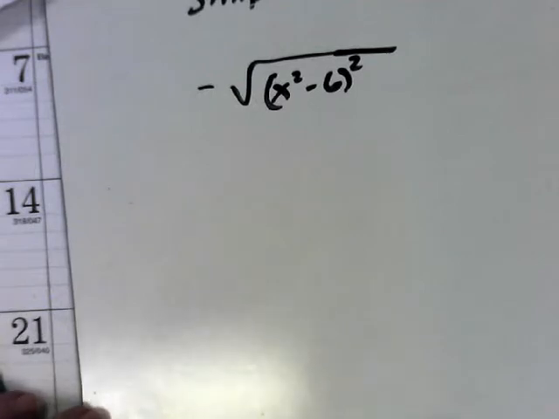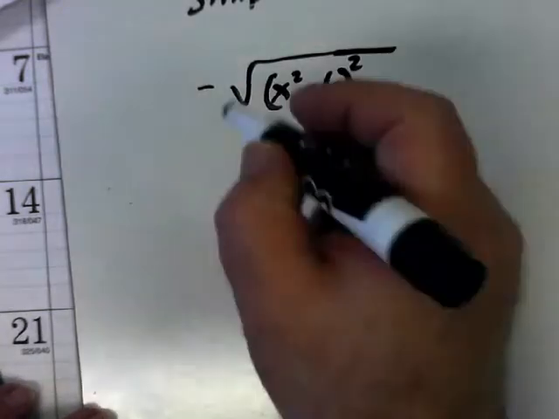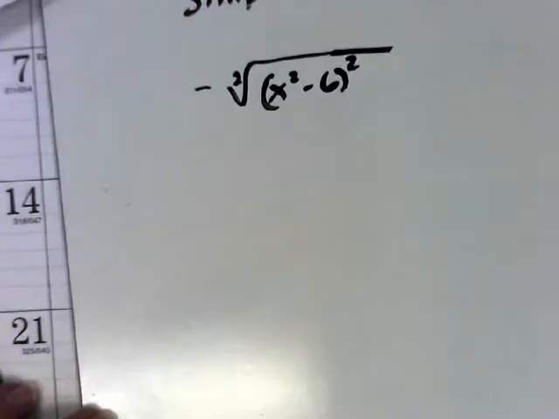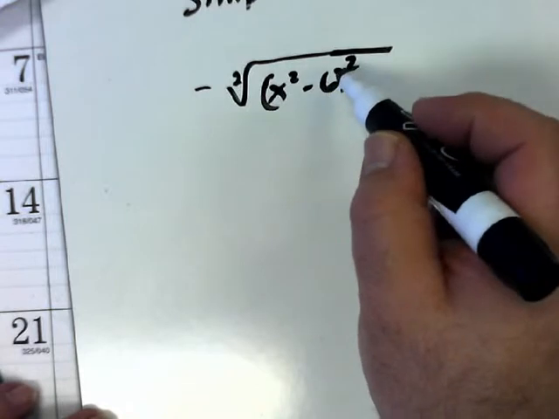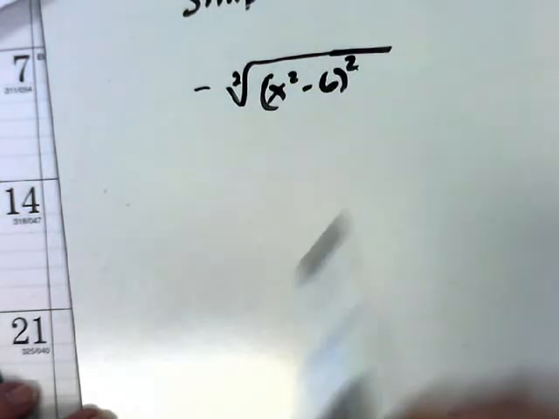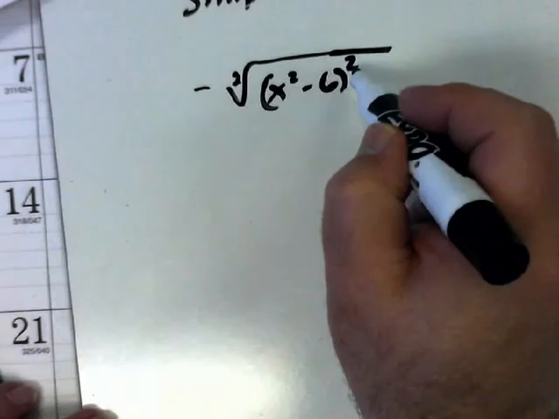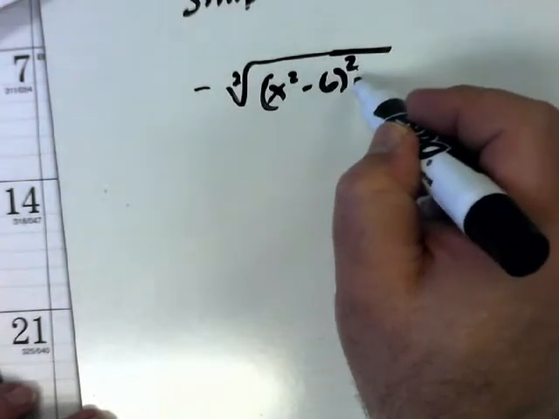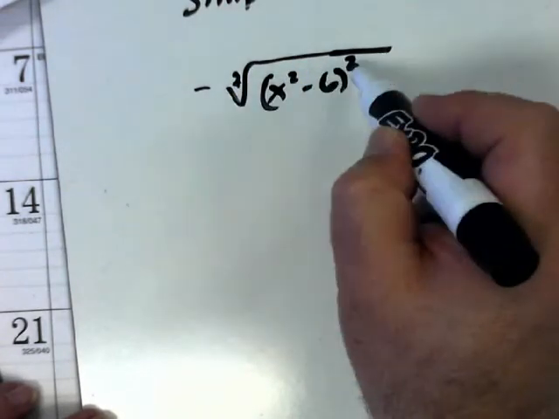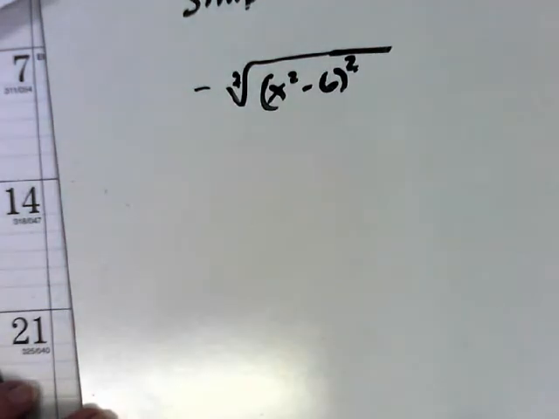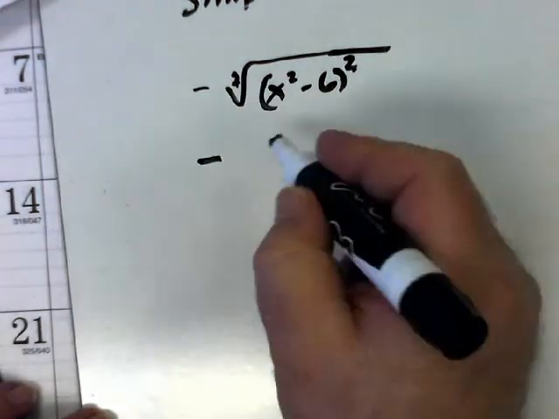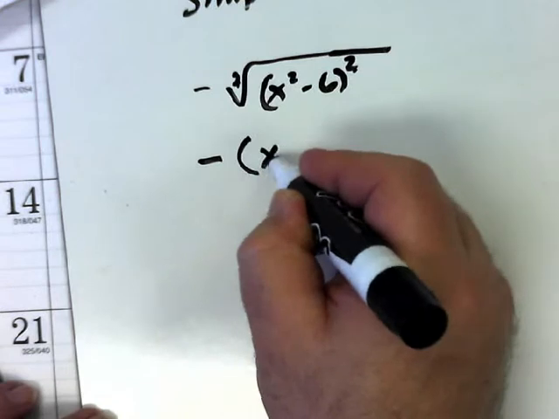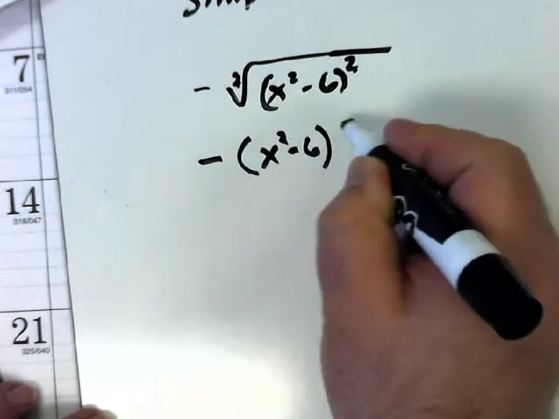What's the index? It's an implied 2, isn't it? Now, since this is all encased in parentheses, do I worry about this exponent or this exponent? Yeah, that's good. I worry about the outside exponent. So this 2 would go into this 2 how many times? Once. So I have out here, the negative stays, parentheses, x squared minus 6 to the first.